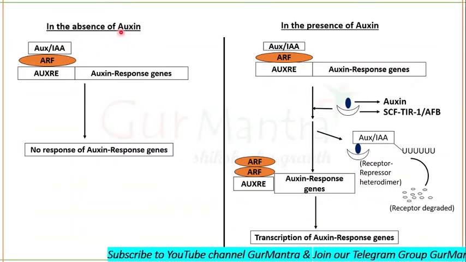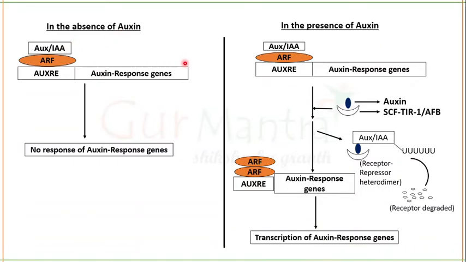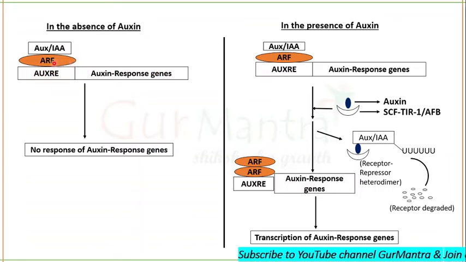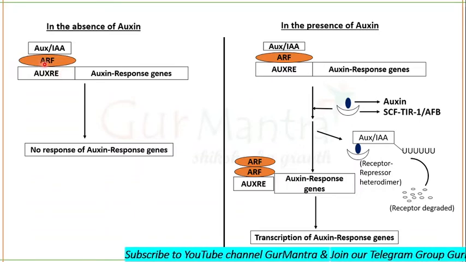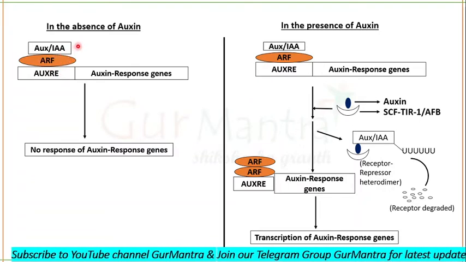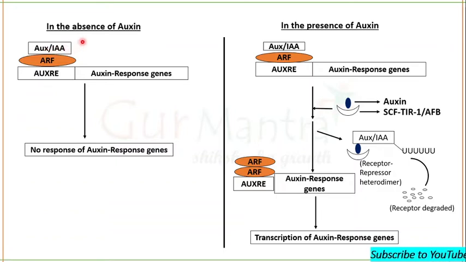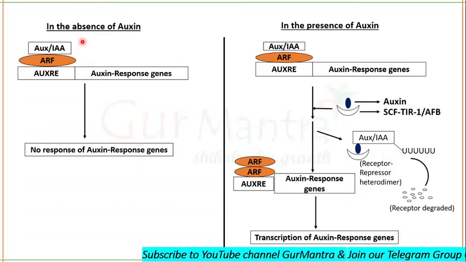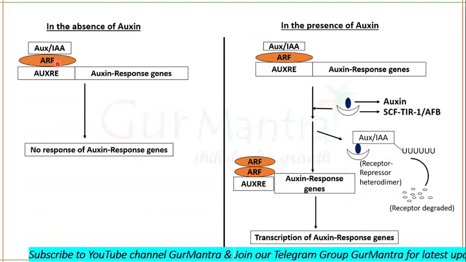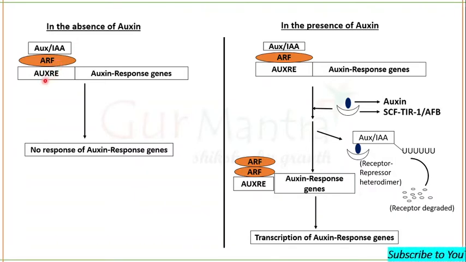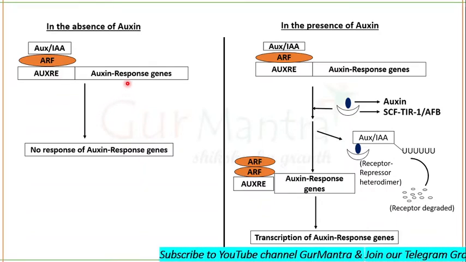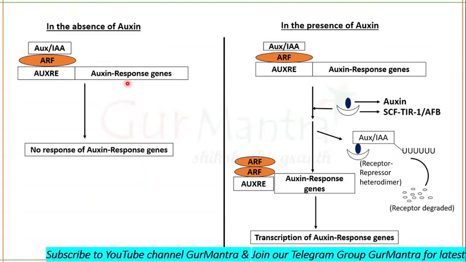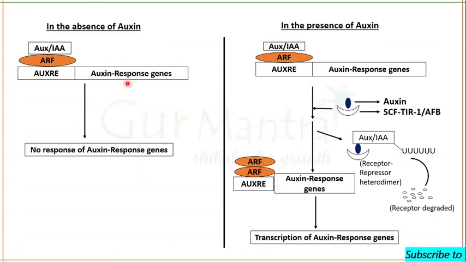This is your repressor. These are the auxin response genes, and this is the auxin response element. On the auxin response element is attached our auxin response factor, but it is repressed by the auxin repressor. In the absence of auxin, the auxin repressor represses the auxin response factor, which then fails to activate the auxin response element. So there will be no response of auxin responsive genes. You get it? No auxin means no response of auxin response genes.